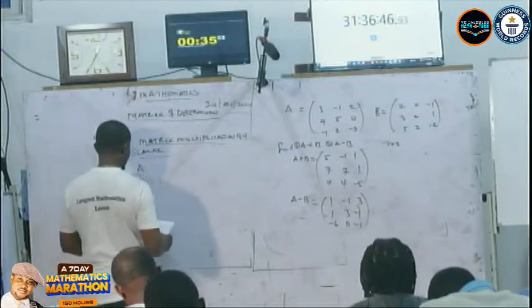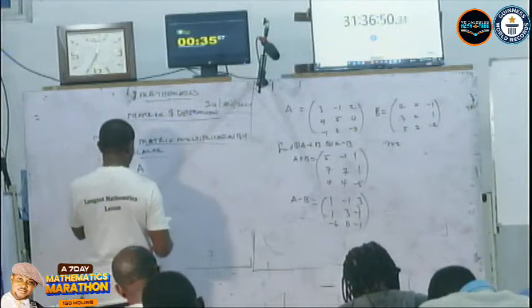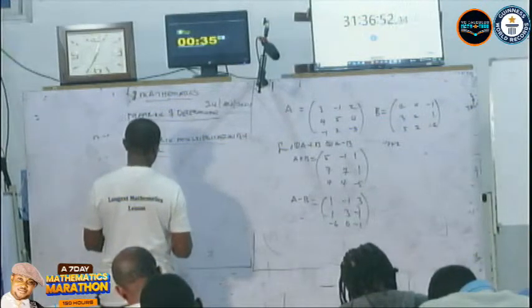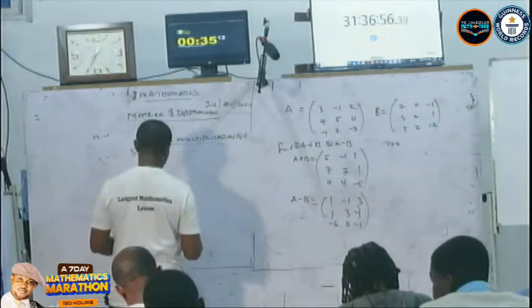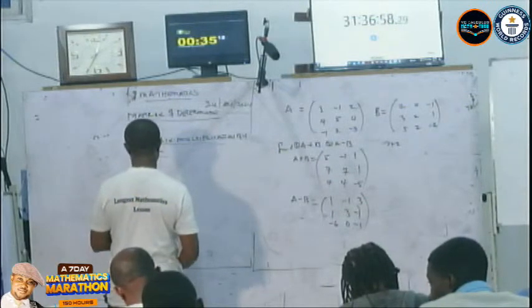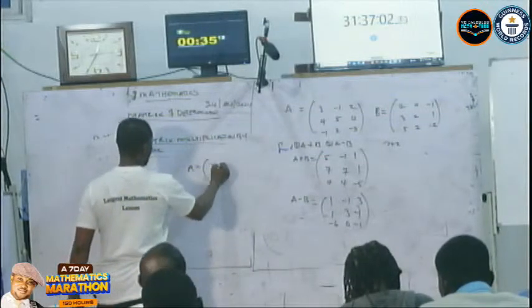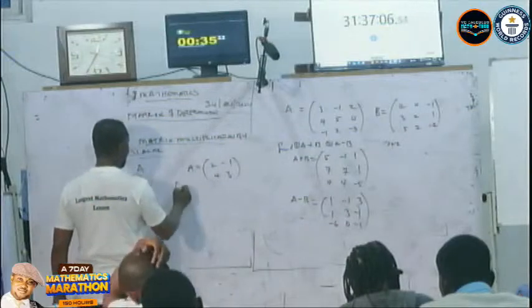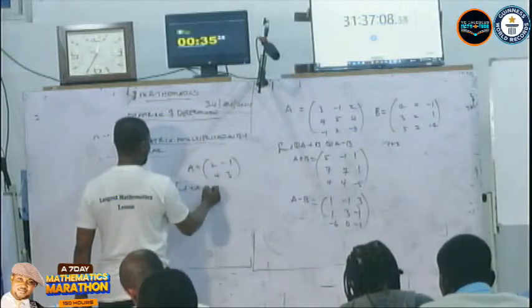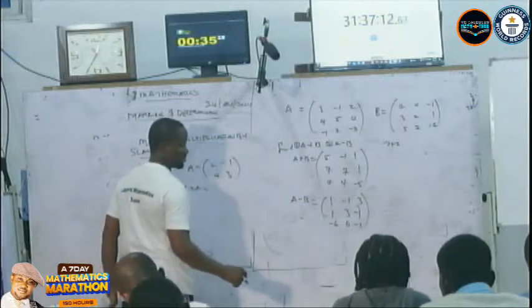So let A be the matrix m by n and k is a real number. Then the product kA is an m by n matrix. Example: let matrix A equal 2, minus 1, 4, 3, and find 2A. This is a scalar multiplied with the matrix.